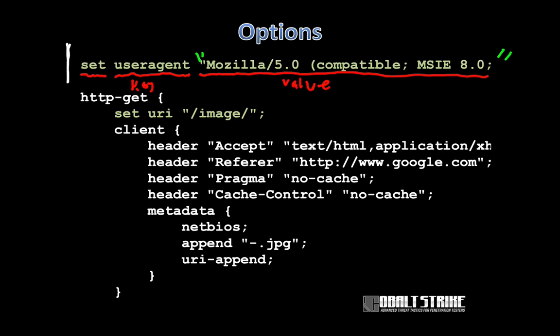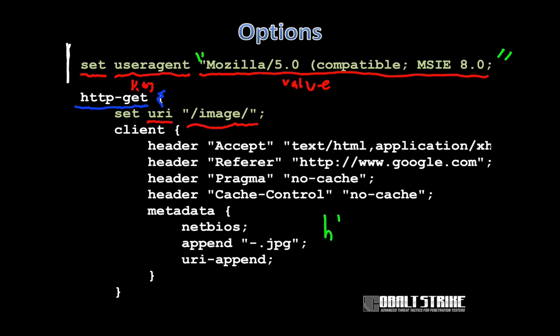But options can exist within the context of a block. Here we have the HTTP GET block. And this is defining aspects of how Beacon does an HTTP GET to download tasks. And within this block, we happen to have an option URI. And the value of this option is /image/. In my documentation, you will often see me refer to an option that exists within a block like this.